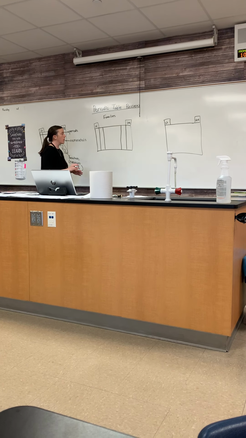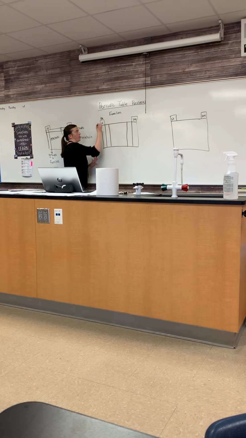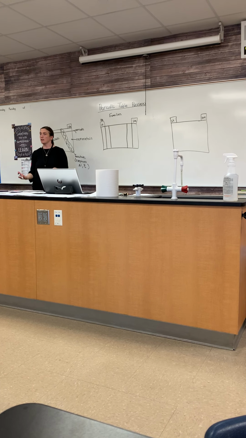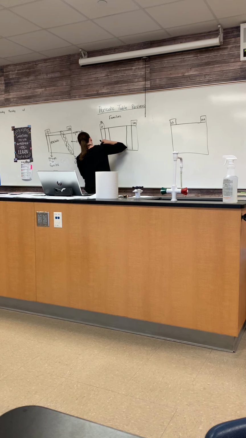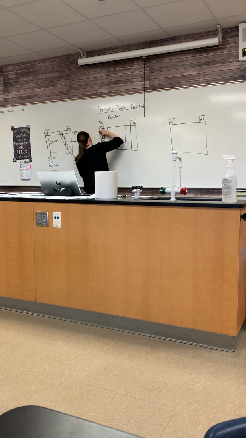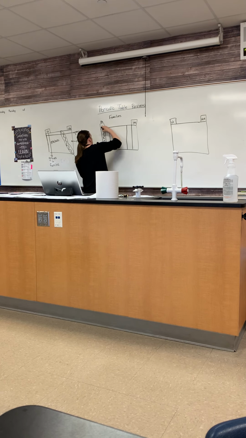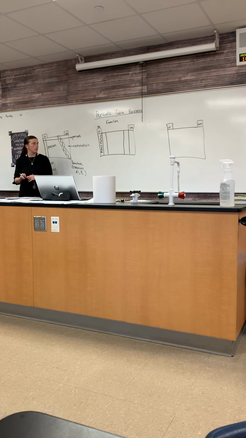So the 4 families that we talked about, this first one is group 1A. If you look at the top of your periodic table, you see where it says 1A. This is the alkali metals.